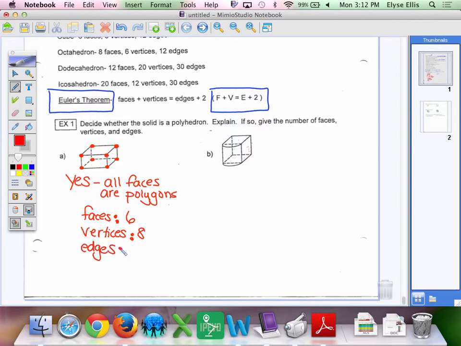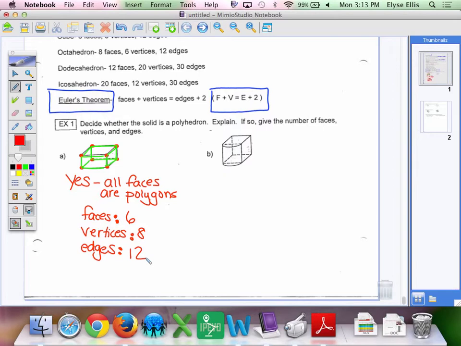The edges, well, those are pretty much on the picture representation. It's the lines in there. So if you go through, I see 1, 2, 3, 4, 5, 6, 7, 8, 9, 10, 11, 12 edges. Okay, and those are the lines in the picture again. So pretty easy. You're just going through and counting.